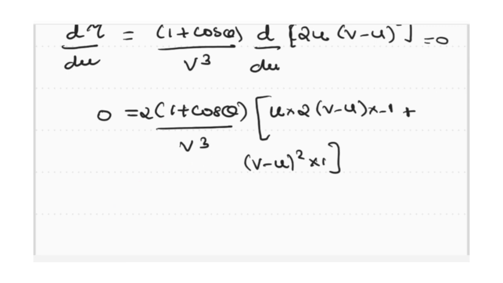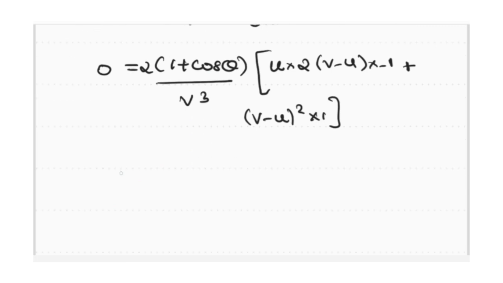Now what is left is 0 equal to minus 2u into (v minus u) plus (v minus u) whole square into 1.